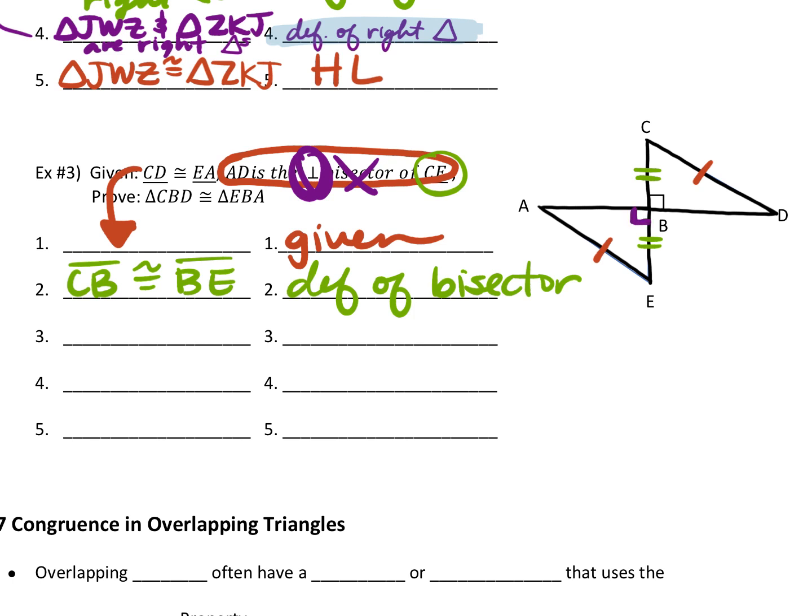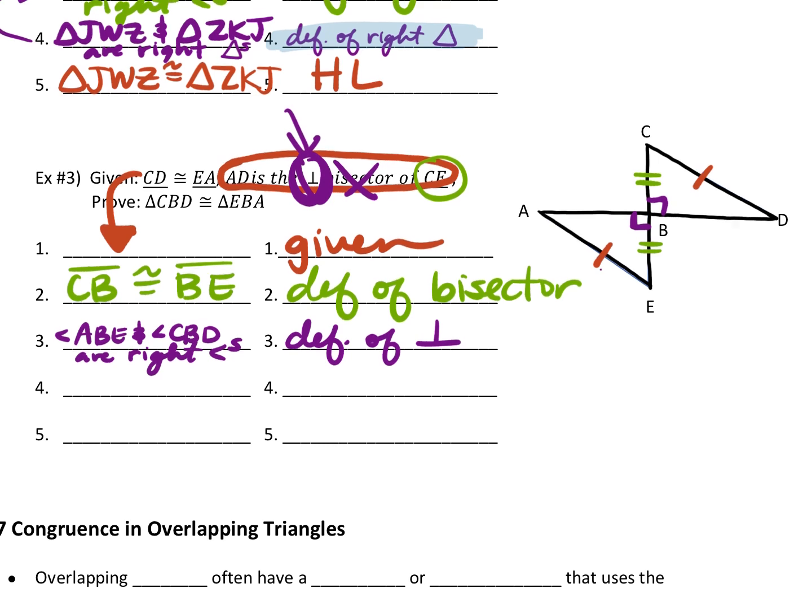The fact that it is perpendicular means, and this one's annoying because you have to name it with 3 letters, angle ABE and angle CBD are right angles. Okay, how do we know they're right angles? This thing, right? Perpendicular. It's the definition of perpendicular. Okay, so now we have right angles.